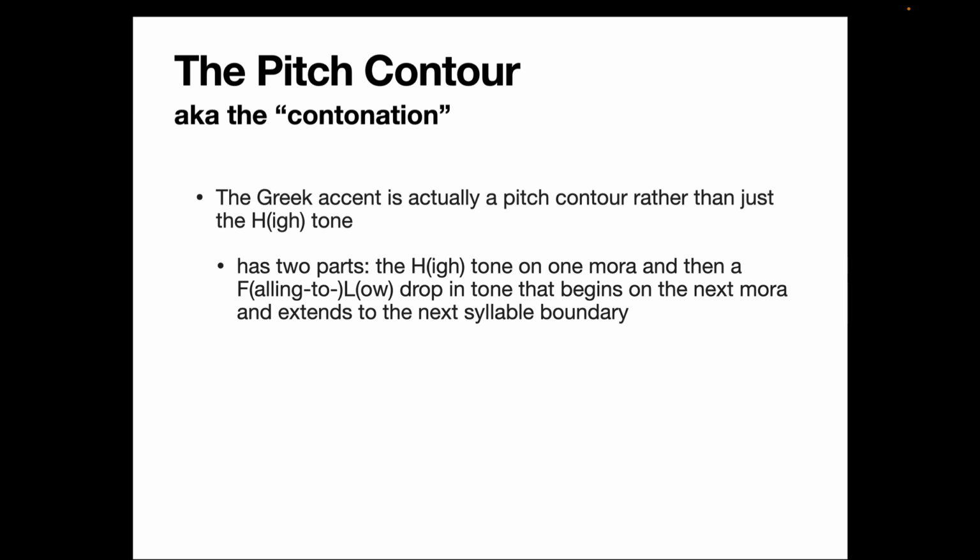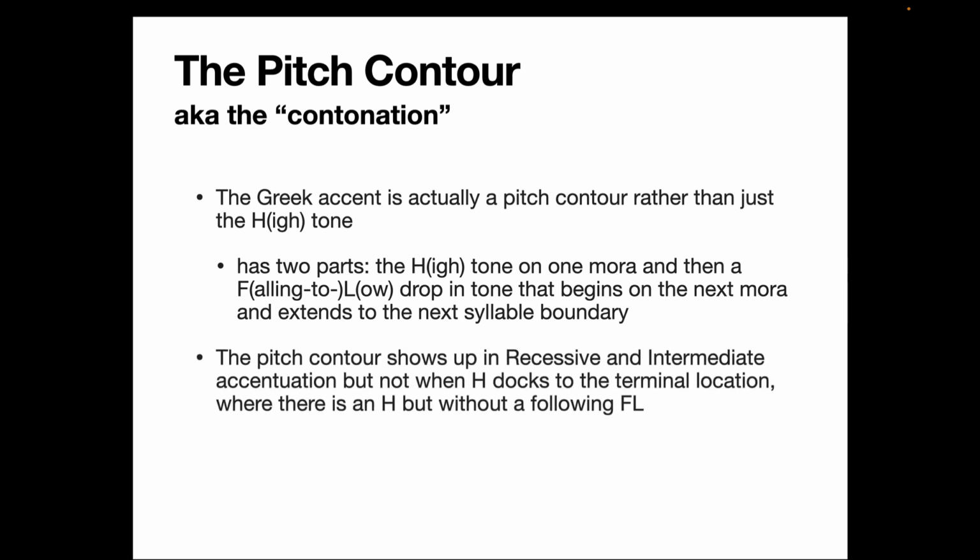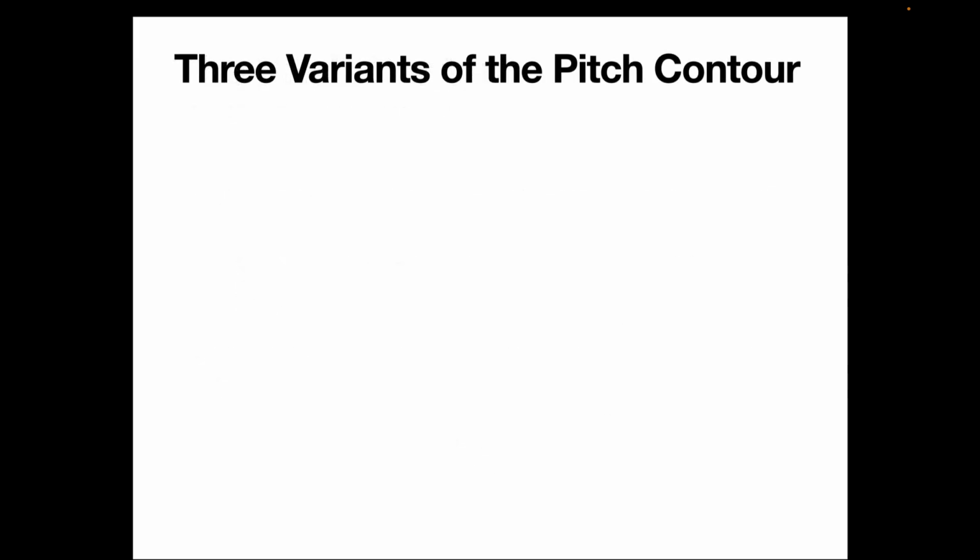That high tone, which is on one mora, and a falling to low drop in tone that begins on the very next mora after the high tone, and it will extend to the next syllable boundary, and I'll show that in a second. So the pitch contour shows up in recessive and intermediate accentuation, but it doesn't show up in terminal accentuation where there's an H, but because the word ends, you don't have a drop. So at the very end of a word, if you have the first mora, mora 1, with the high tone, it doesn't actually have a contour, but all other accentuation situations have it.